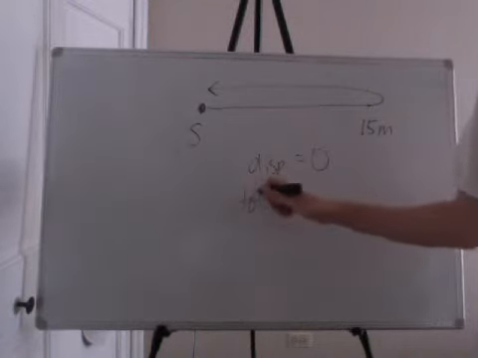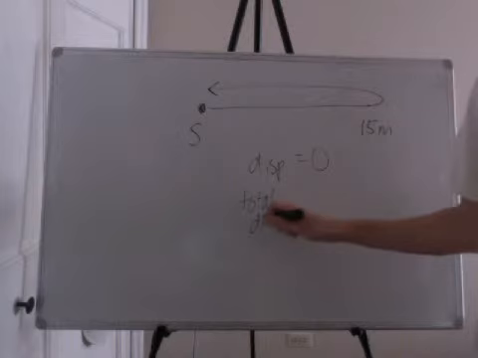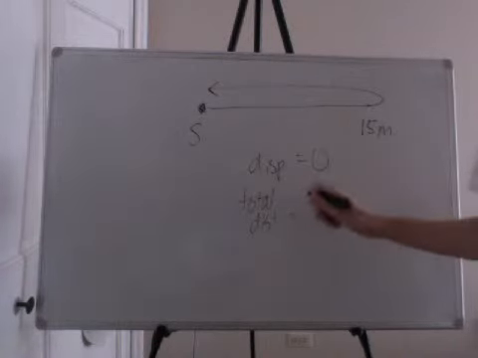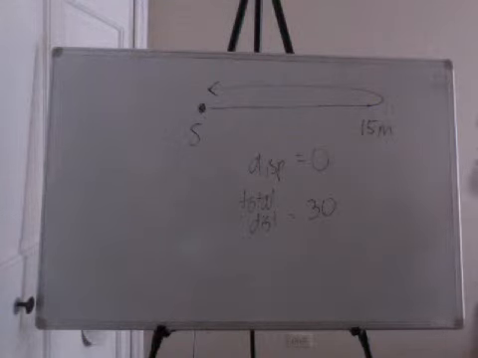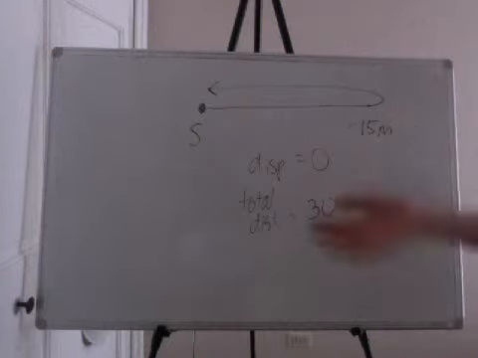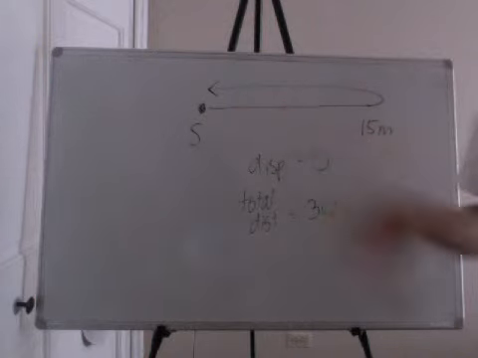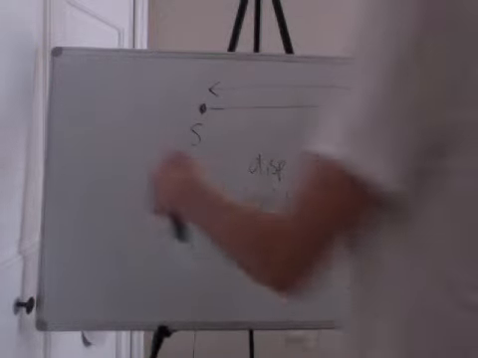But the total distance traveled is going to be the 15 plus the 15 back, so that's 30. So that's the difference between displacement and total distance: the total distance includes coming back, whereas the displacement is basically just the difference between where you started and where you ended, which in this case would just be 0.